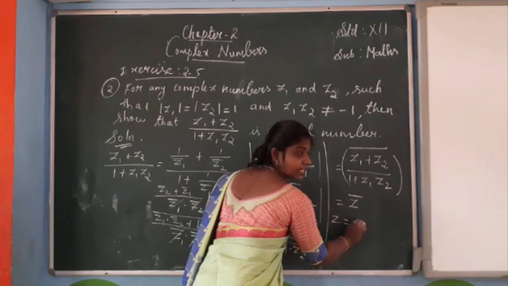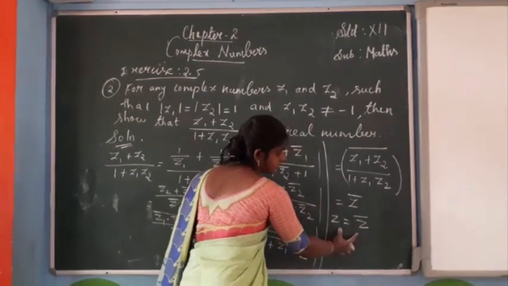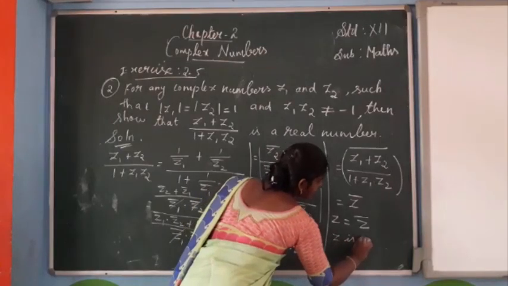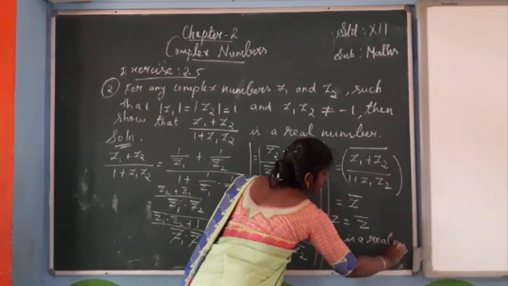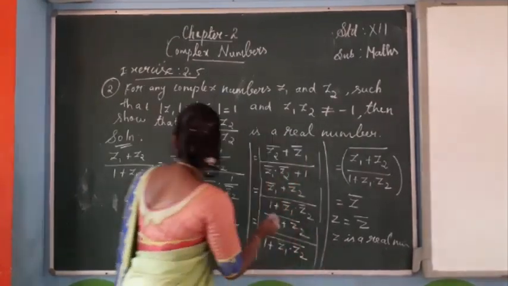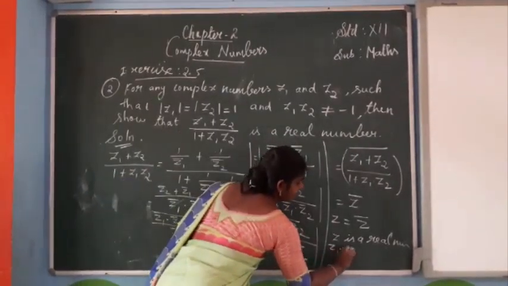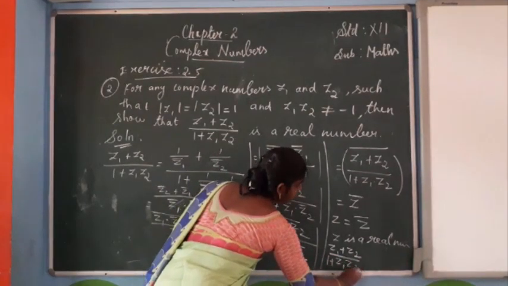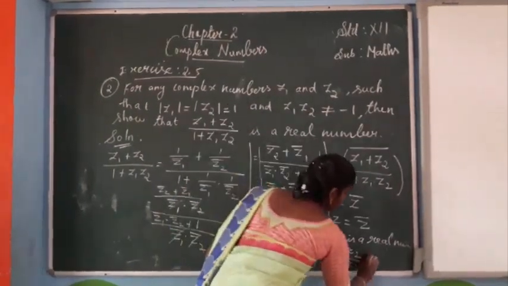So Z is equal to Z bar. So this is the real number. We have the property: Z is a real number. So (Z1 + Z2) divided by (1 + Z1 into Z2) is a real number.